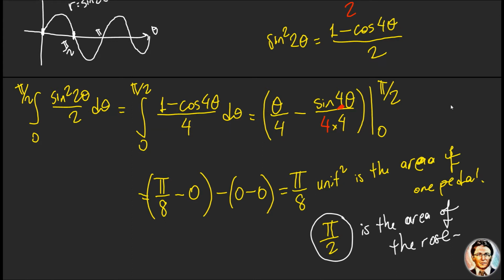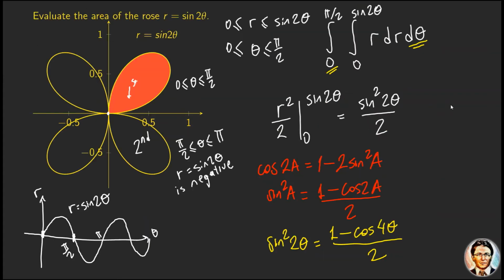For this one, 0 up to π/2 works fine. Each one is π/8, so the total area is π/2 square units.